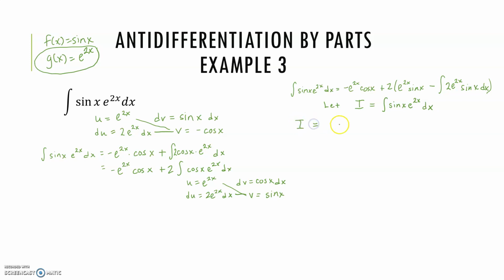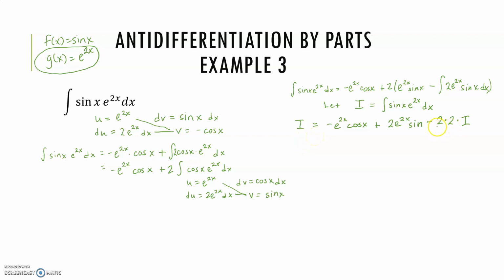So I say I is equal to negative e to the 2x cosine x plus, I'm going to distribute this, 2e to the 2x sine x minus 2 times another 2 times I. So I have a bunch of I's.